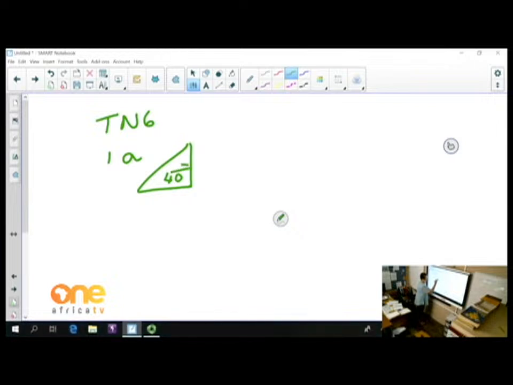So that one is opposite the marked angle. The hypotenuse is always opposite the 90 degrees. And this is then the adjacent one. Adjacent means next to. If you can't identify the sides, you're really going to struggle with this trigonometry. So this exercise is very important here.